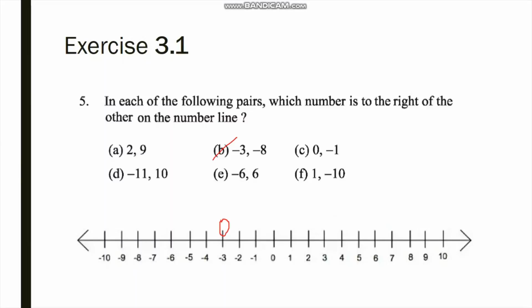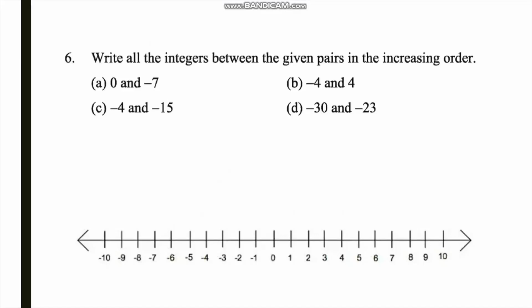Let's do B. Let's mark minus 3 and minus 8 on the number line and see that minus 3 is on the right side of minus 8, which indicates that minus 3 is larger than minus 8. Let's do E. We'll mark minus 6 and 6 on the number line and see that 6 is on the right side of minus 6, which indicates that 6 is larger than minus 6.